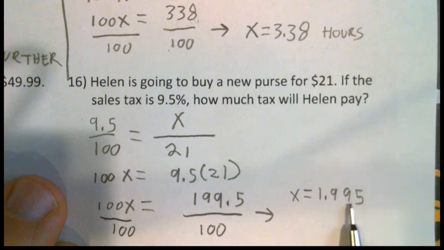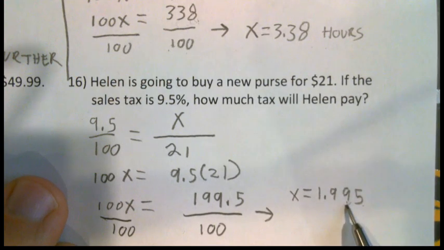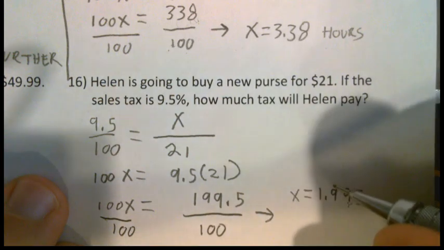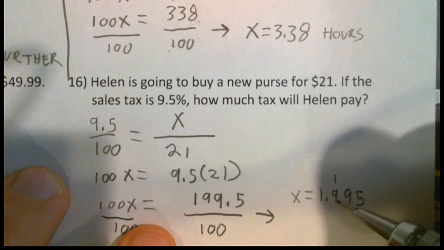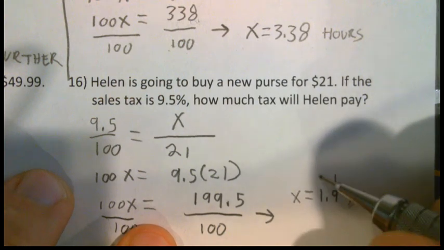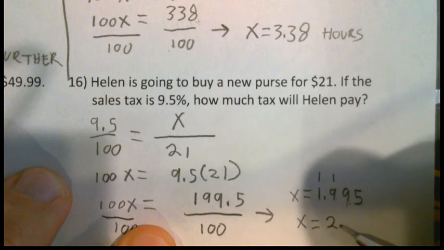The nearest cent is the hundredths spot. The number to the right is 5 or larger. It's a 5. So we add 1 to the number we're rounding, which is going to make it 10. We have to carry. 9 plus 1 gives us 10 again, so we carry 1 more, and we're going to get exactly $2.